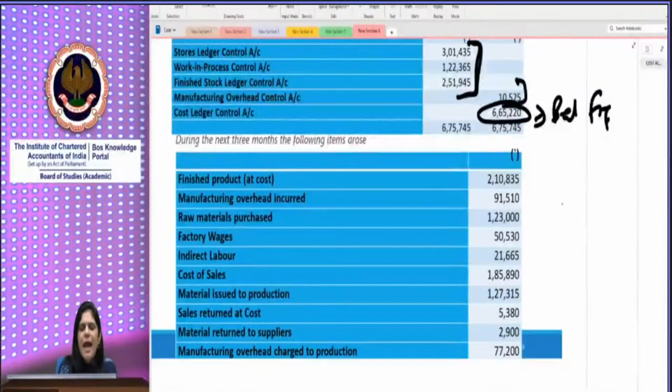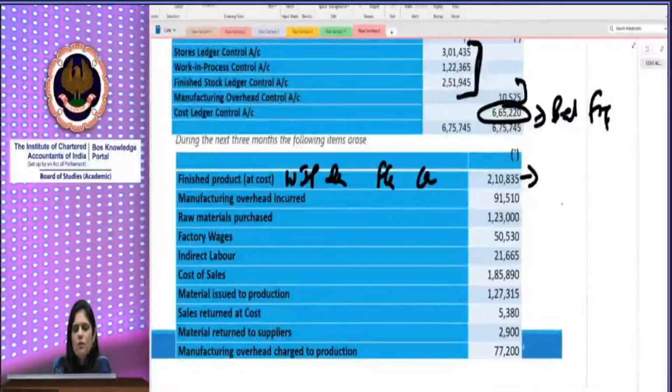Finished product at cost. Finished product at cost means it is the product of the WIP. That means cost of production. It is the output of WIP. So finished product at cost, WIP will be debited and finished goods control account will be credited. Sorry, it's just the reverse.